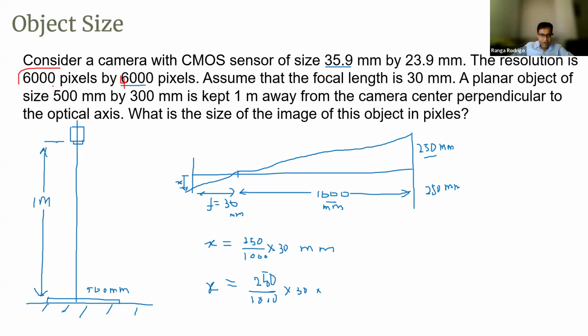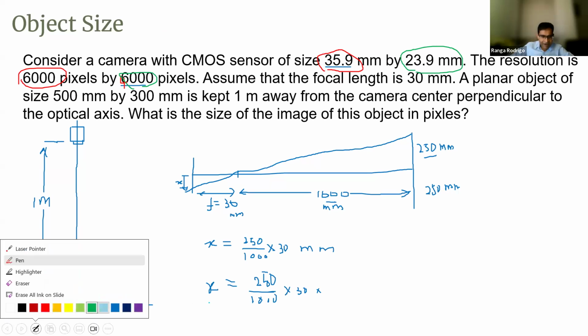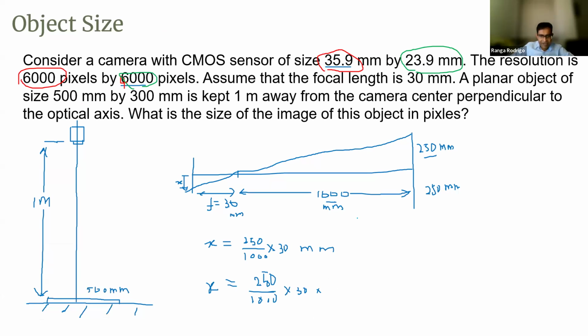Okay, 6,000 corresponds to 35.9, or this 4,000 corresponds to 23.9 millimeters. So now this one is in millimeters, therefore I can divide this by 35.9 and multiply by 6,000. That will be in pixels.